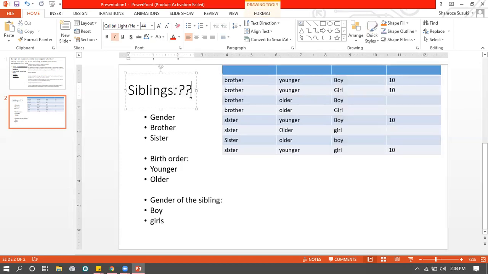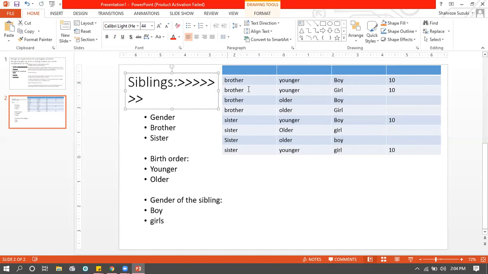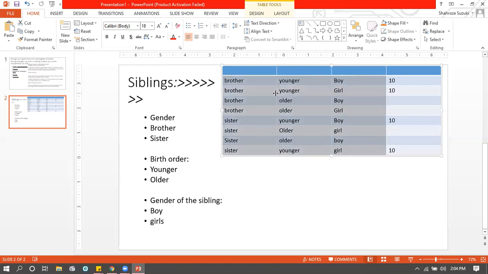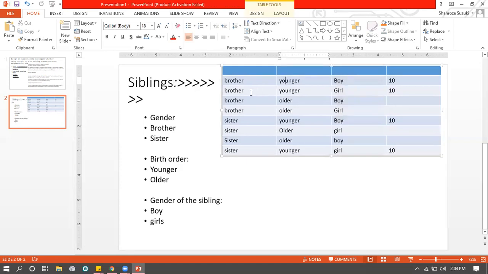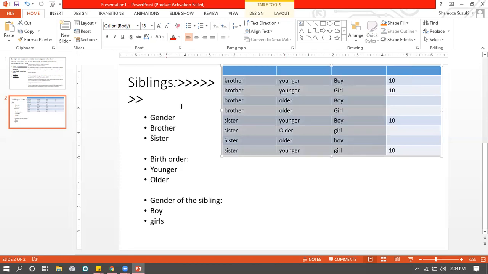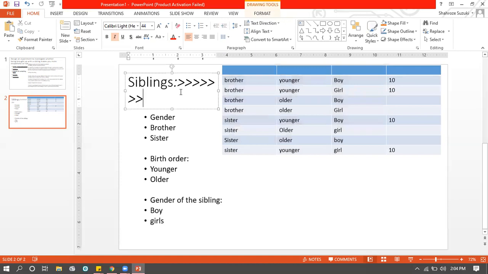Again, what I mean is siblings could mean all of this. In the table of combinations that I made, siblings could mean every single criterion of sibling. We could have a brother who is younger and who themselves is a boy, or someone who has a brother who themselves is a younger girl. There are many possible combinations of siblings that we can have. So we don't want that, do we? We don't want every type of sibling there is. We want a very selective few types of siblings.